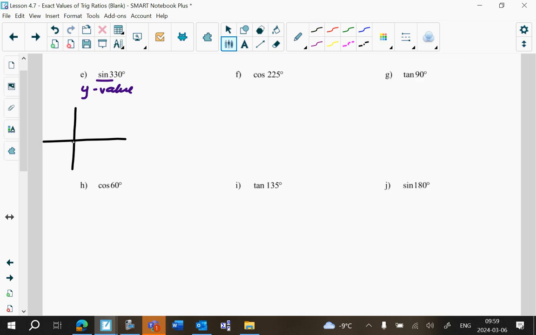It's in quadrant 4. What's that point on the unit circle? Root 3 over 2, negative 1/2. I want the y value because it's sine. So it's negative 1/2.